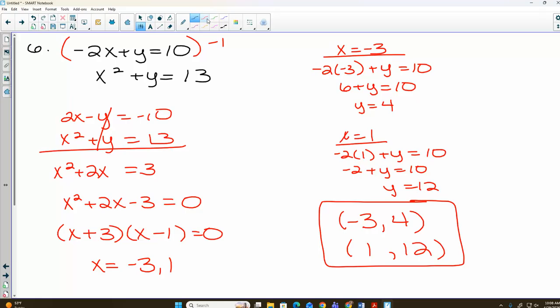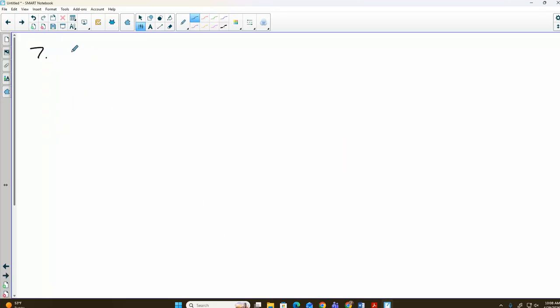I think I'm going to go ahead and work out problem 7, just because I want to make sure we're writing our answers correctly. Okay, both equations have x squared and y squared.